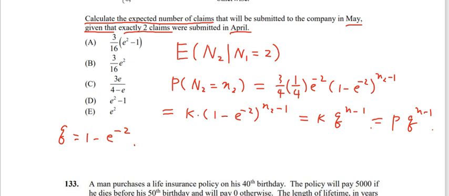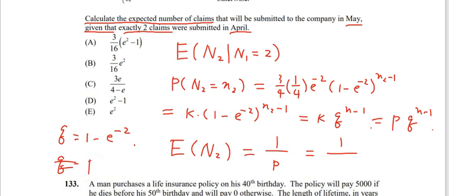For the geometric distribution, the expectation is 1 over P, right? So what is P? Let's say Q equals this, so P, I'm sorry, P equals -2, so the expectation is 2.